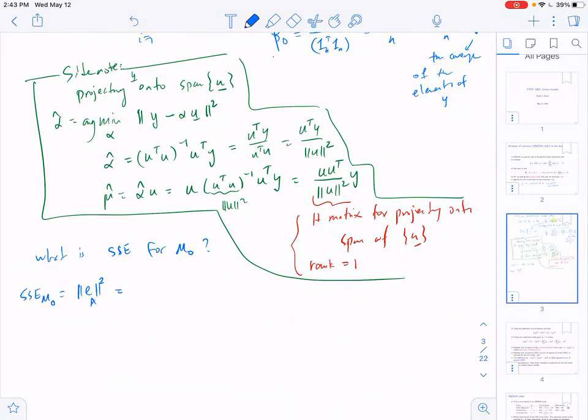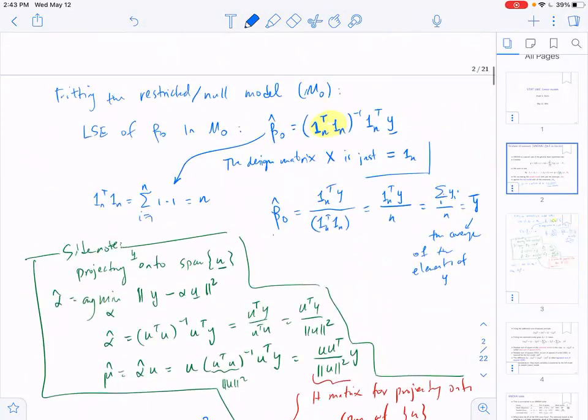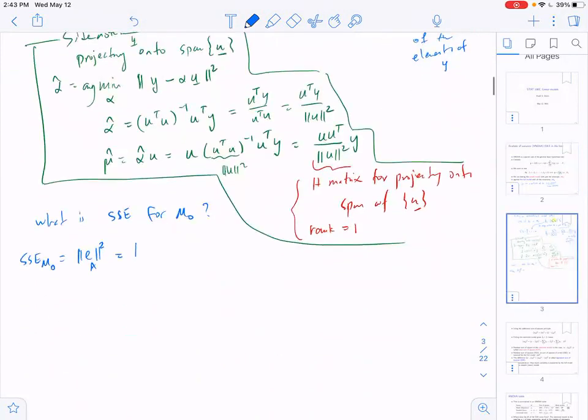So what would it be given these calculations? Let me help you. It's going to be y minus, this formula is easier to use in this case, that's the mu hat in this model. That's y. So what does this simplify to?